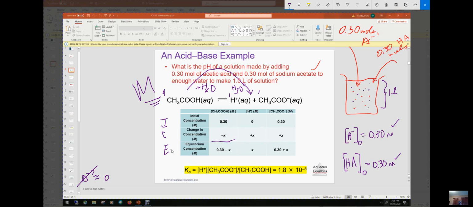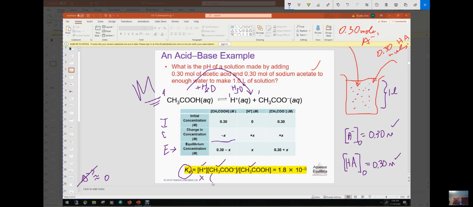Okay, once you have the equilibrium line, remember, the equilibrium constant expression always holds when you're at equilibrium. The concentration of H plus, acetate in the numerator, the products in the numerator, divided by acetic acid in the denominator. I would have simplified this by, this would be my hydronium, this would be HA, and this would be A minus. So I have all 3 of these. So what's going here? Well, this one is going to be X, right?